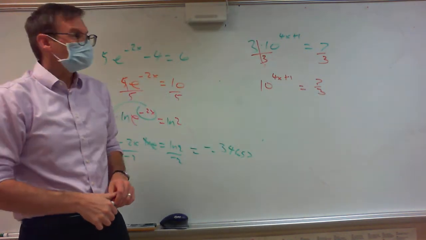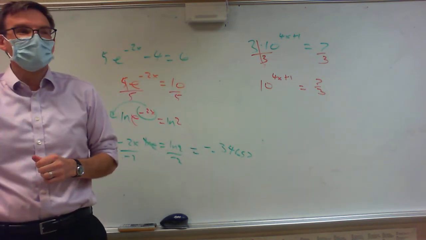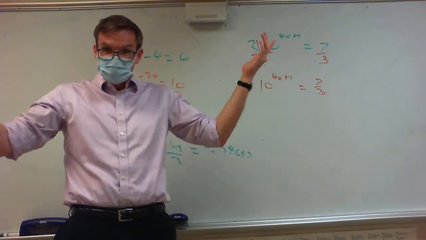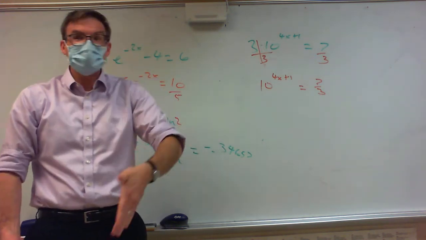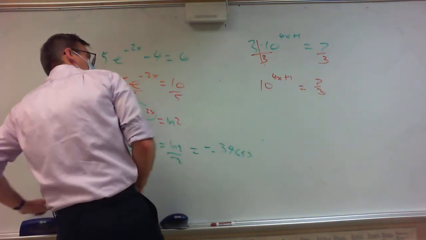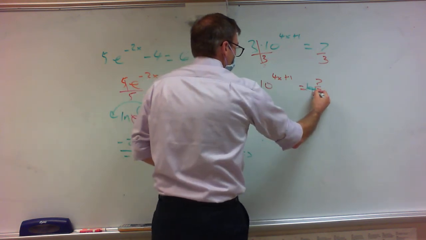Now you got a choice. You could use natural log or regular log. Which one would you rather use here? Regular. Why? Because it's got a 10, right? If it's got an e, you're going to use natural log. If it's got a 10, we're going to use a regular log. Sometimes they call that the common log, but that's all right.